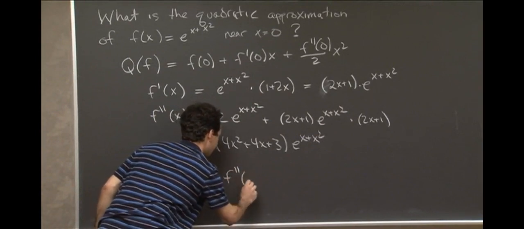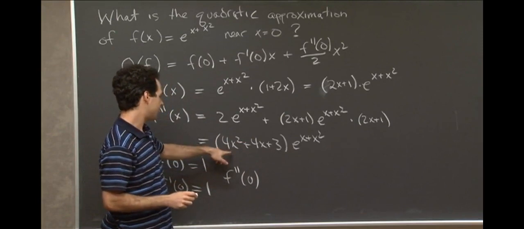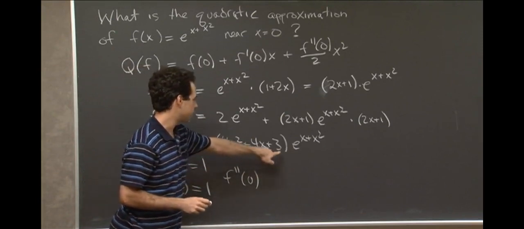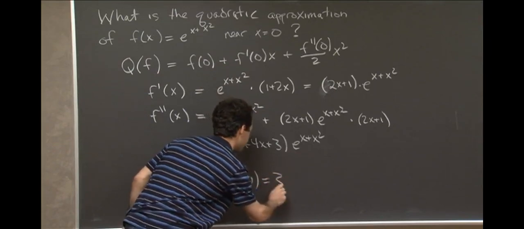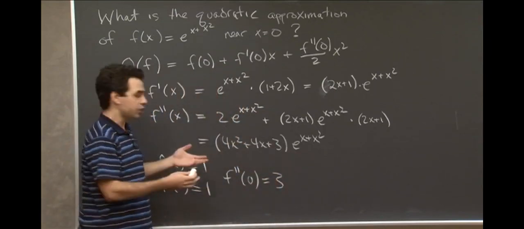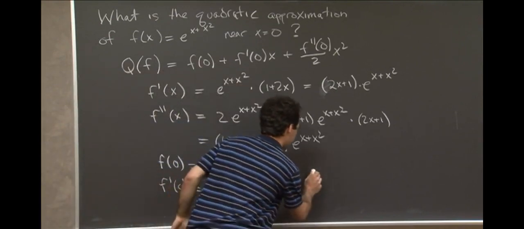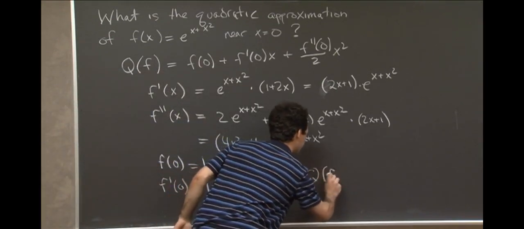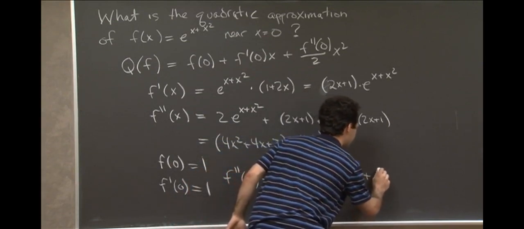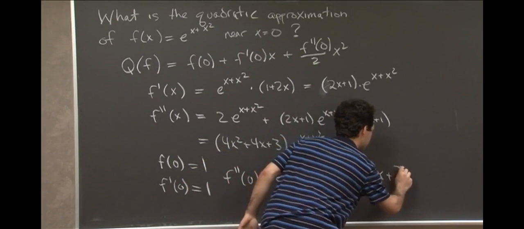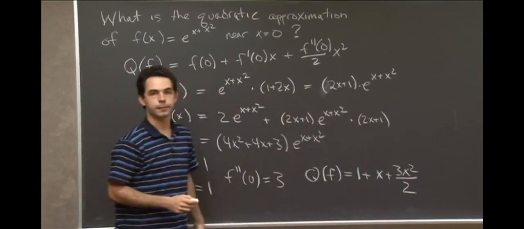For f double prime at 0, I go to my formula for f double prime and put in 0. So the 4x squared is 0 and the 4x is 0, so I have a 3 times 1, that's 3. Now I just take these three values and plug them right into my formula. So the quadratic approximation is 1 plus x plus 3x squared over 2.